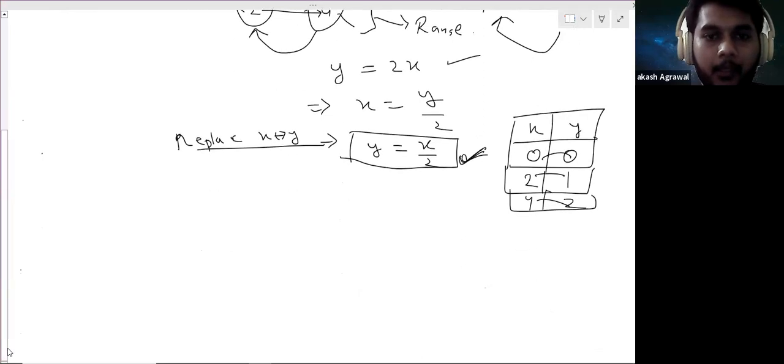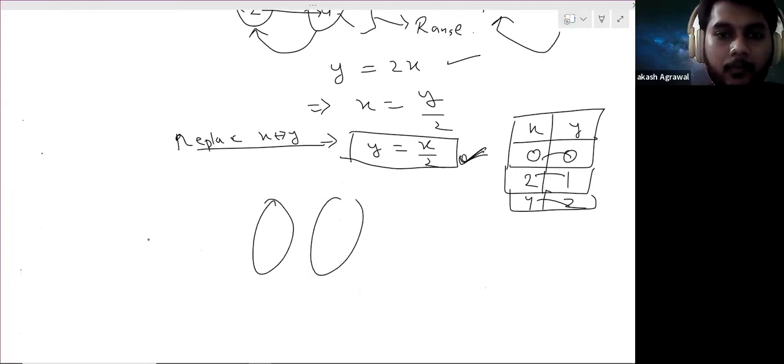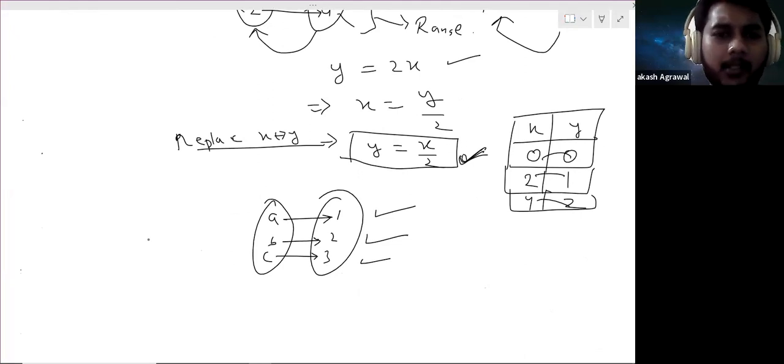Do you know what is a bijective function? Which is one-one and onto. One-one and onto means all the elements should be related to all the elements of this part, and singularly selected. मतलब एक के साथ एक ही रिश्ता होना चाहिए.